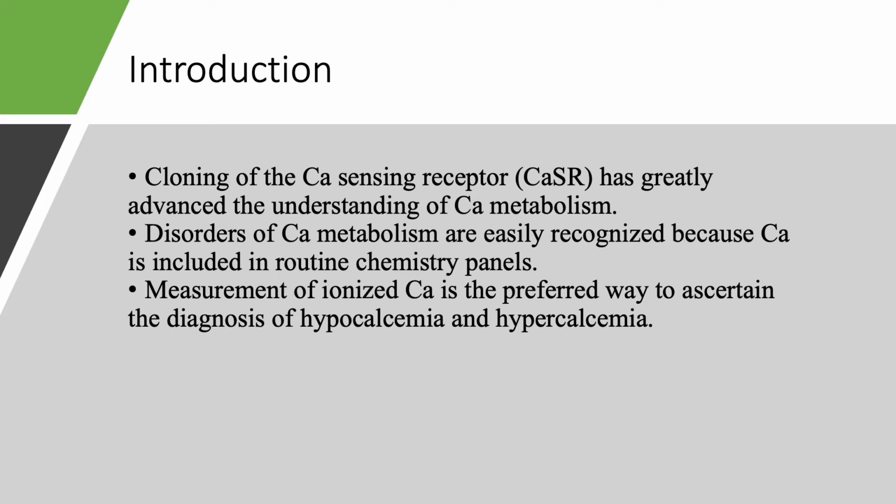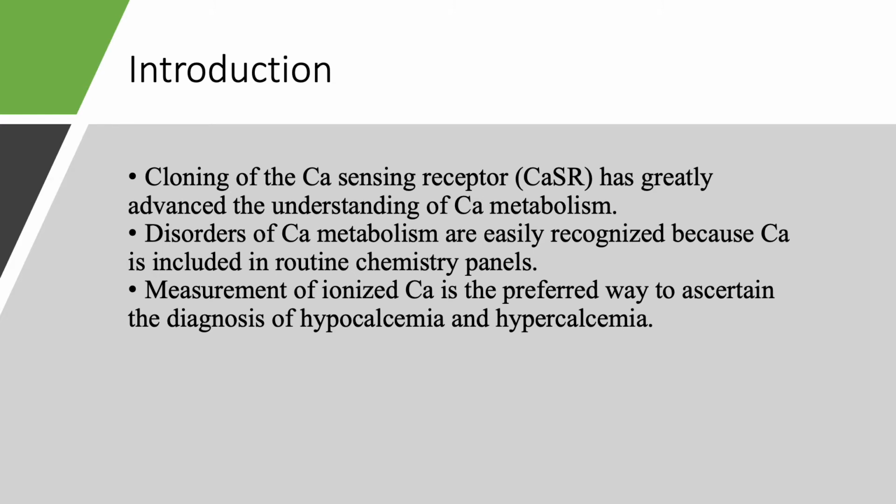It's not difficult to diagnose hypocalcemia or hypercalcemia because calcium is included in regular routine chemistry panels. Now, to ascertain the diagnosis, you really need to measure ionized calcium, although we don't do that often enough. But really, hypocalcemia is low serum ionized calcium, and hypercalcemia is elevated serum ionized calcium.